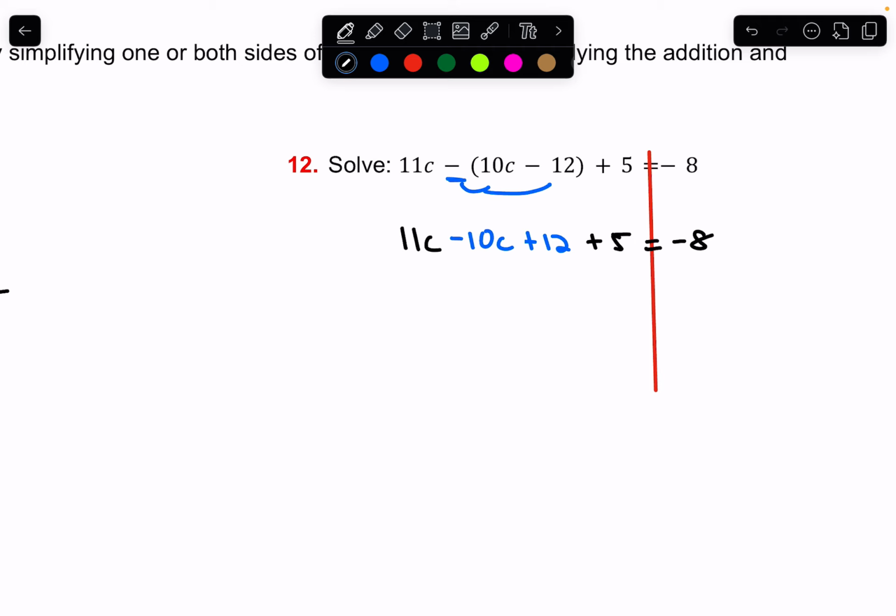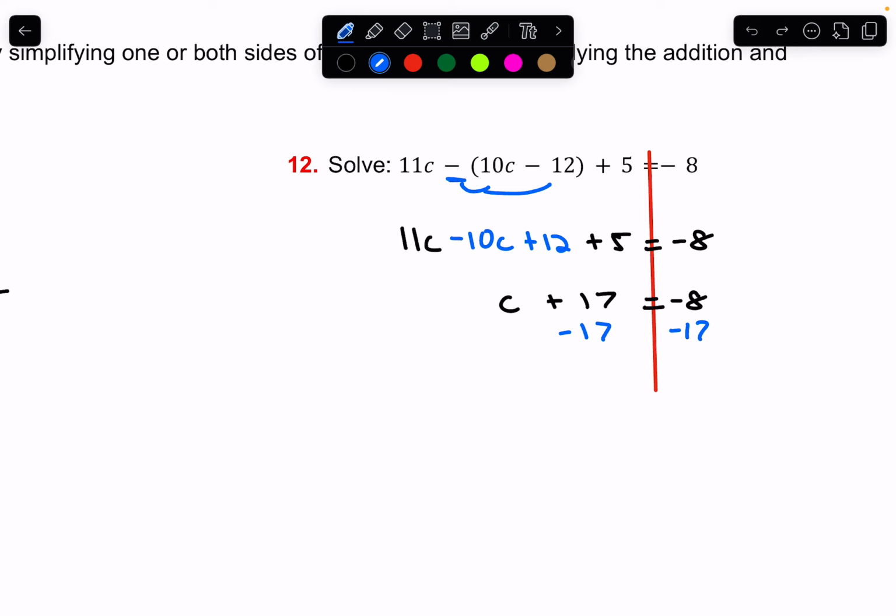When I combine like terms, 11c and negative 10c give me 1c. 12 plus 5 gives me 17. And again, negative 8 on the other side. I'm going to clean up that 17 real quick. All right, and now I want to get c by itself, so I'm going to do the opposite of what's happening to c. It's plus 17, so I'm going to subtract 17 from both sides.